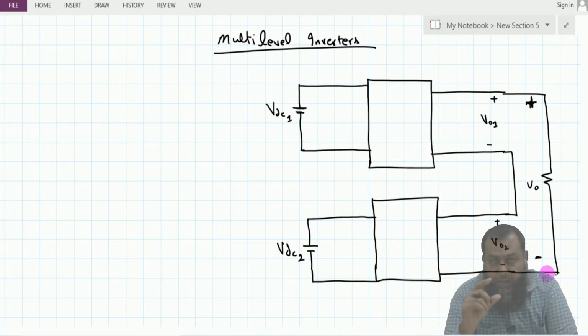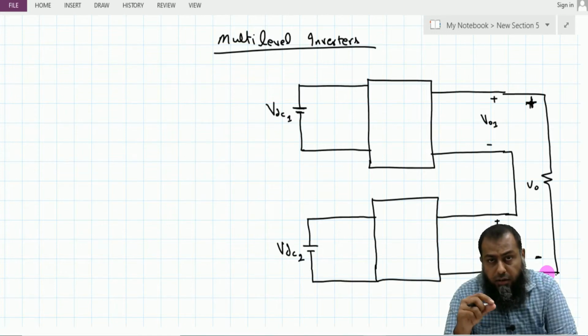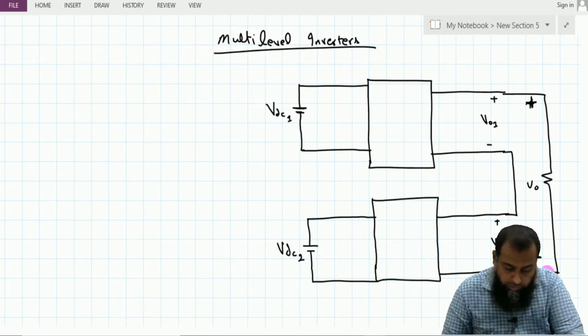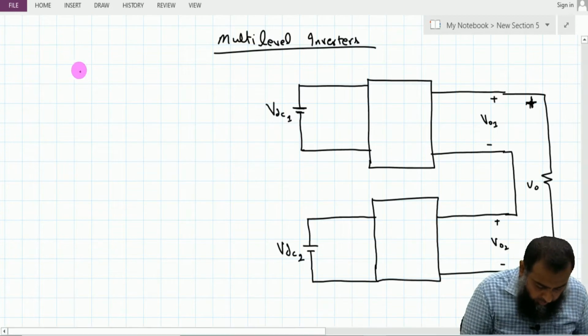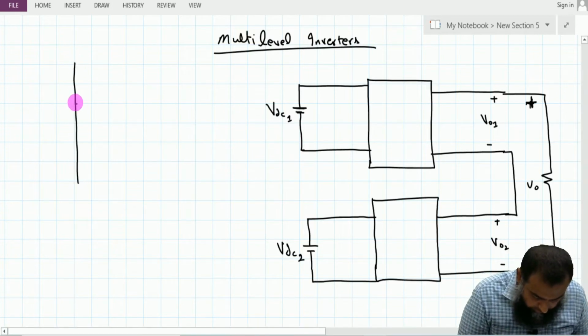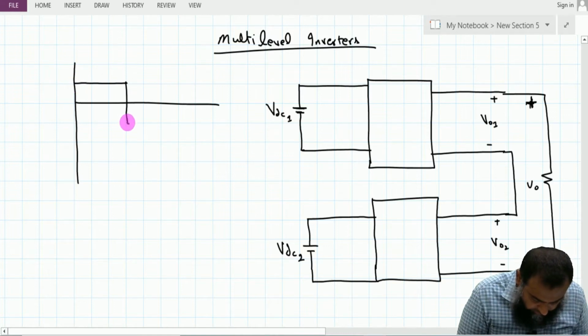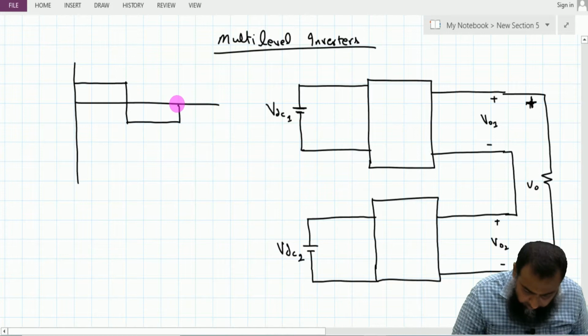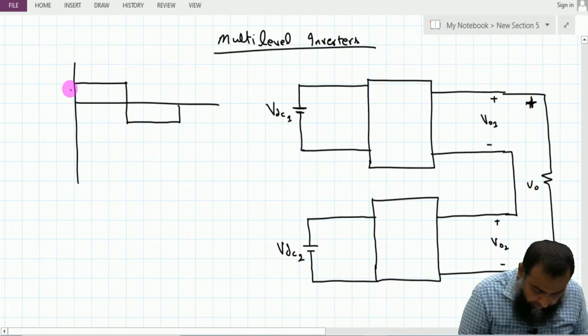Now what happens if these two inverters are square wave inverters? For instance, if we have these two square wave inverters, then we might have an output voltage something like this for the first inverter.